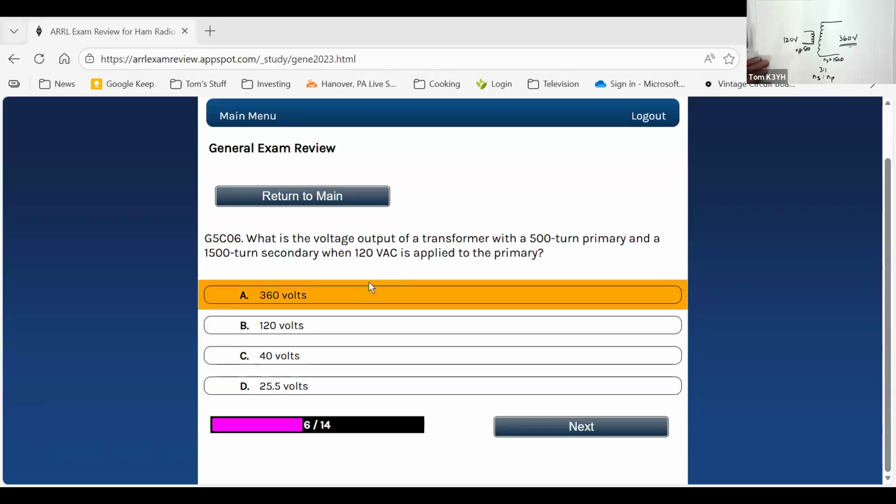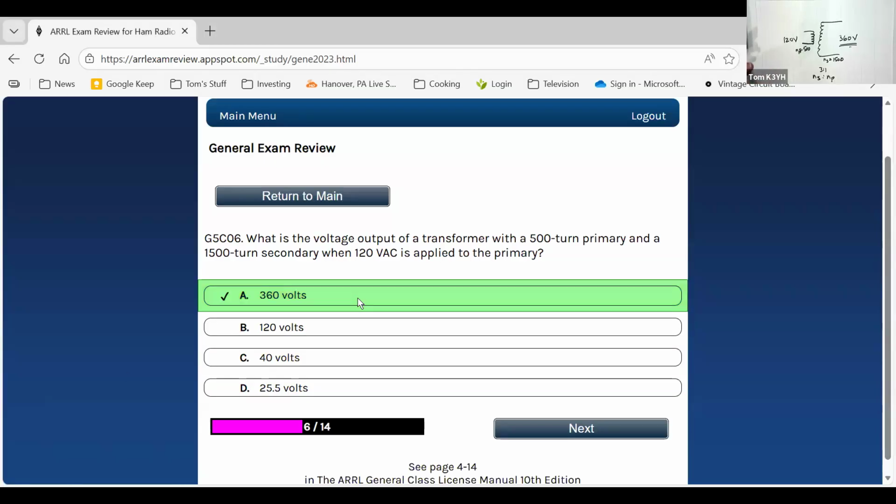Okay, so what did I say it was? 360? There you go. Okay, so this is the way transformers work. Primary and the secondary, and it's 3-to-1.